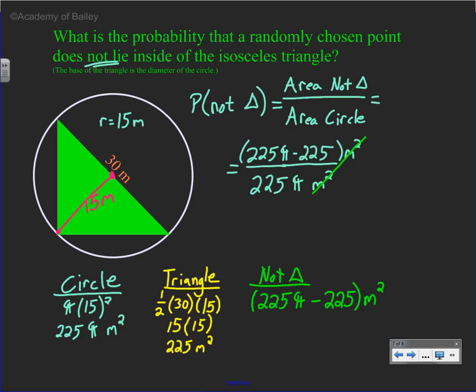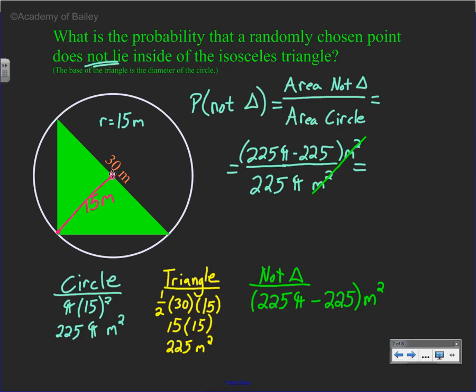Let's go back to our fraction up here. We know the square meters cancel each other out, and so we can go ahead and do our calculation here to find our probability. If we have 225 times pi and we subtract 225 from that, you should get approximately 481.86.